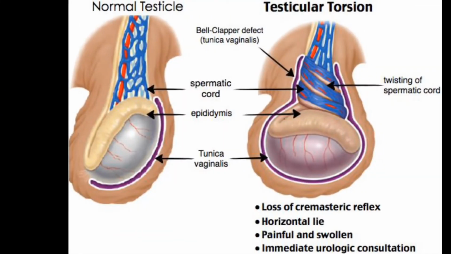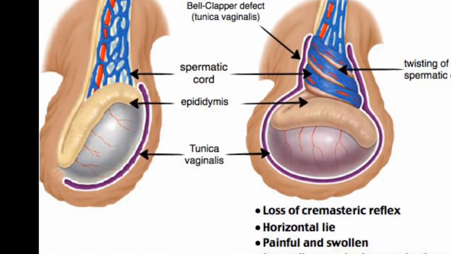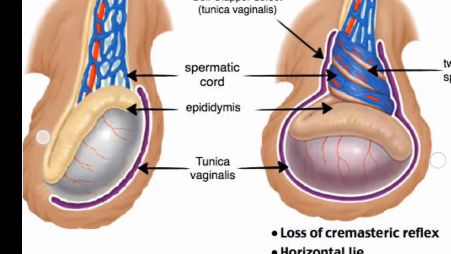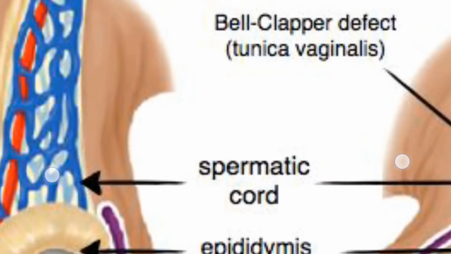So this is the testicular torsion I am showing you. What happens in this clinical condition? There is a rotation of the testis around the spermatic cord within the scrotum. So see, this is the spermatic cord.